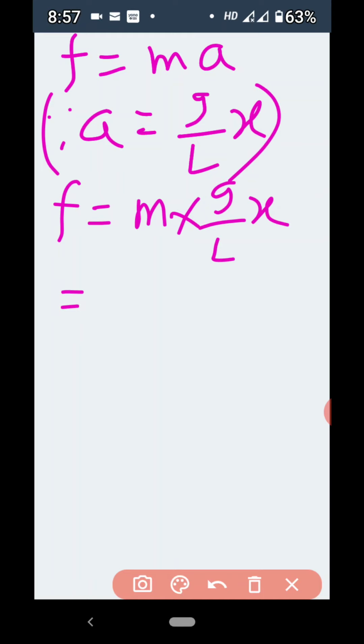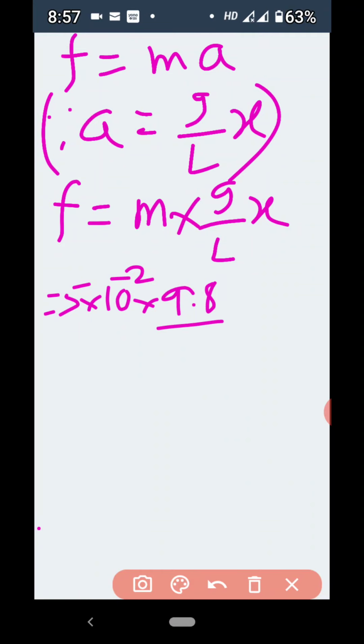Now put all the values which are given. Value of m is 5 into 10 raised to minus 2, into g 9.8 divided by L, that is 1 meter, into x 3 into 10 raised to minus 2.